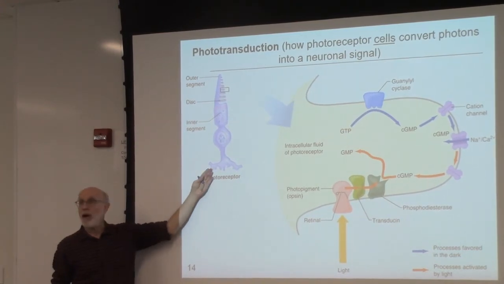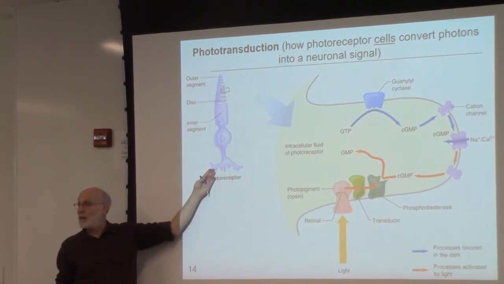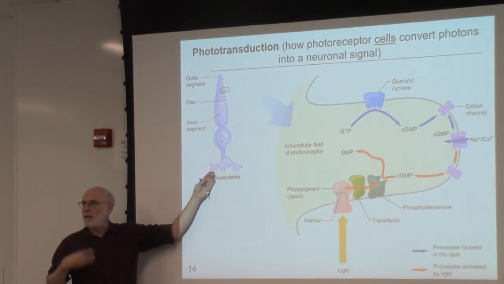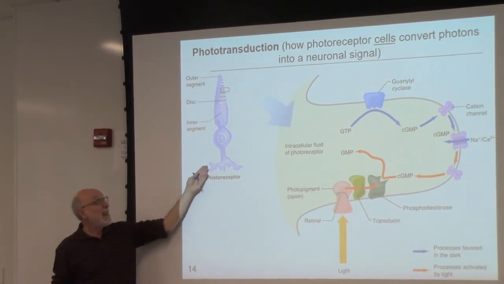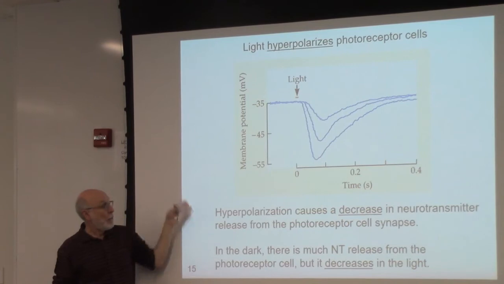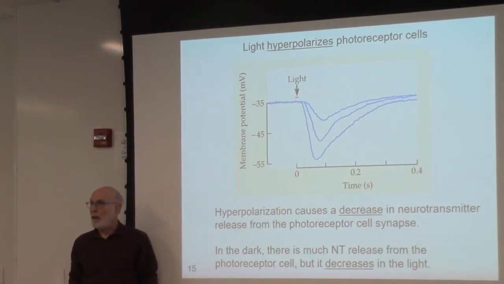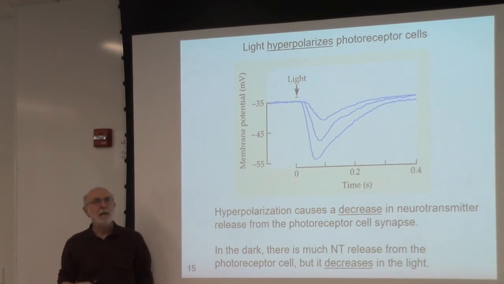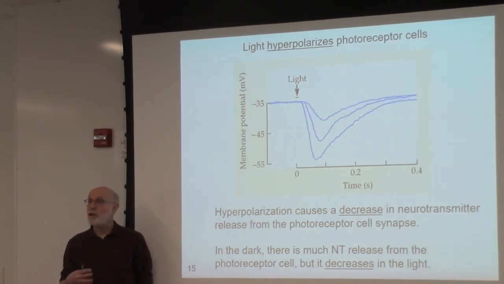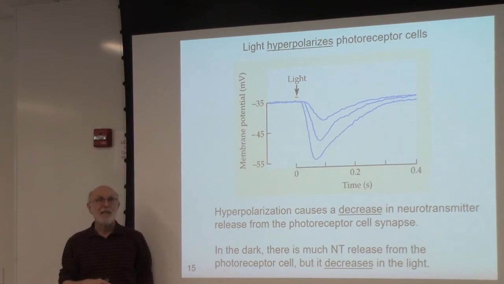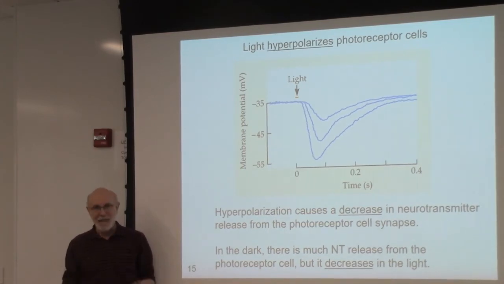And that's why this synapse is specialized. It's specialized for constant darkness-induced neurotransmitter release. But in the light, the hyperpolarization causes a decrease in neurotransmitter release. And so when we see light, the first thing that happens at the first synapse is a decrease in neurotransmitter release. It seems upside down, but that's the way it is.